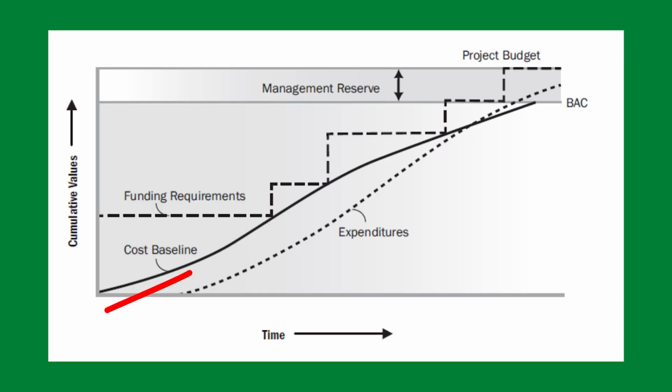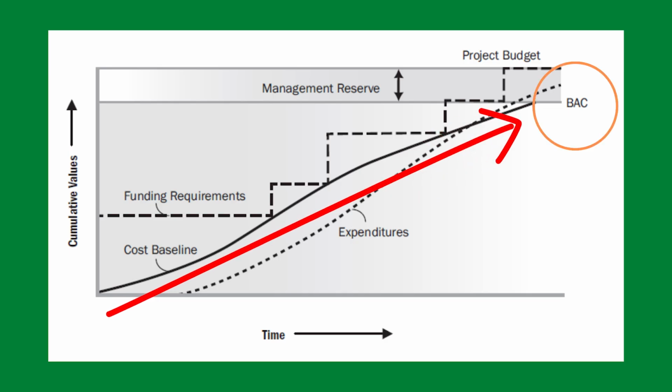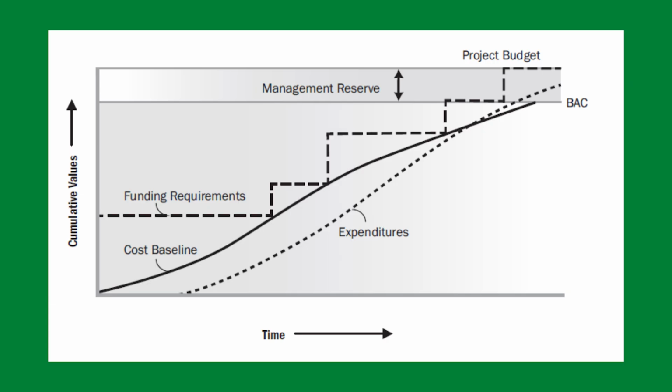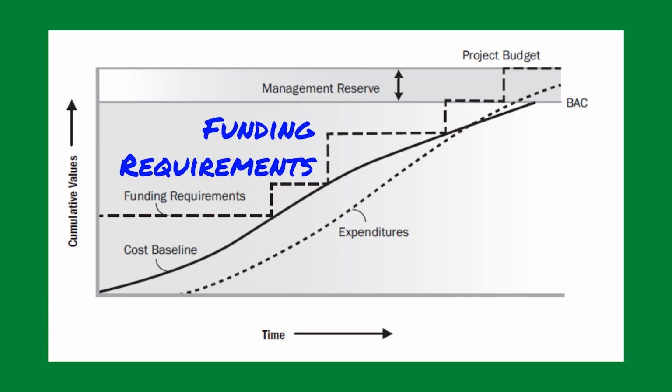This line, running from the bottom left to the upper right, ends at the planned completion of the project. This point is the budgeted amount at completion, or BAC. Above the cost baseline is what may look like steps. These are staged funding requirements that usually align with project milestones.